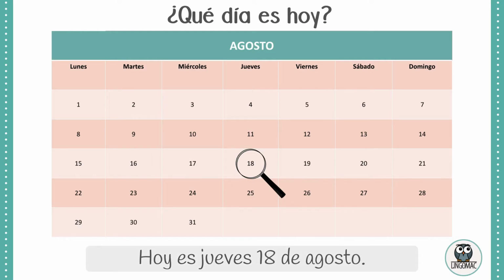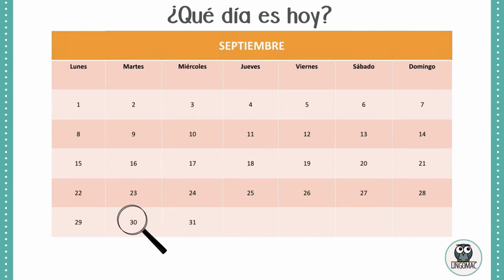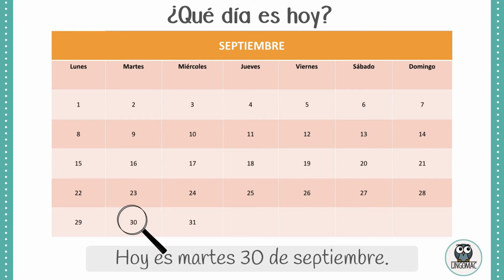Hoy es jueves 18 de agosto. ¿Qué día es hoy? Hoy es martes 30 de septiembre.